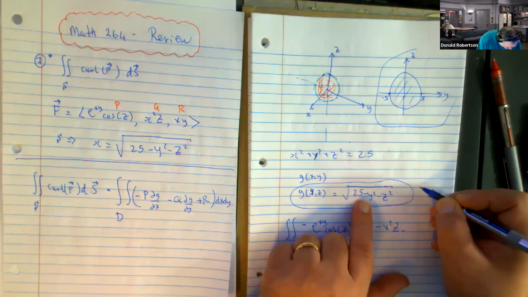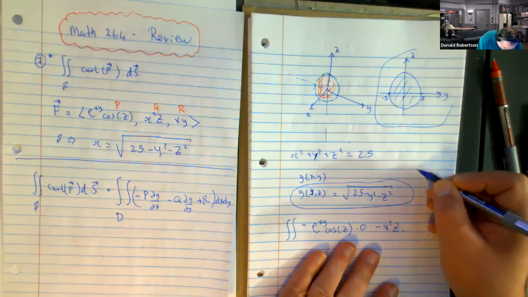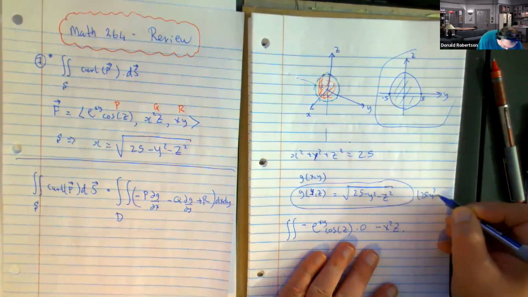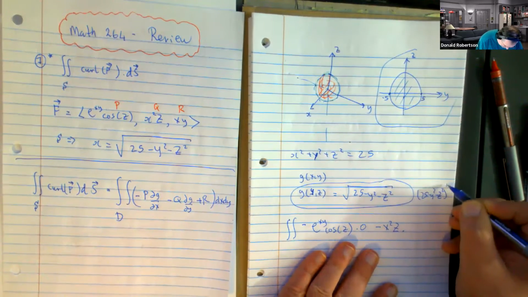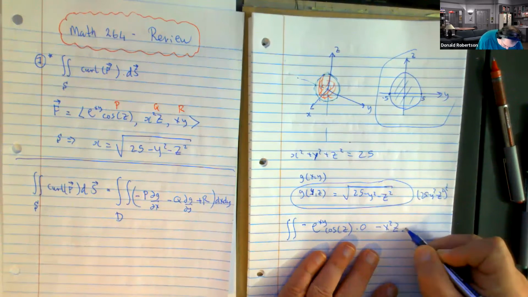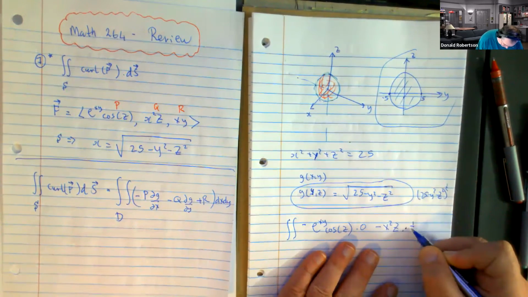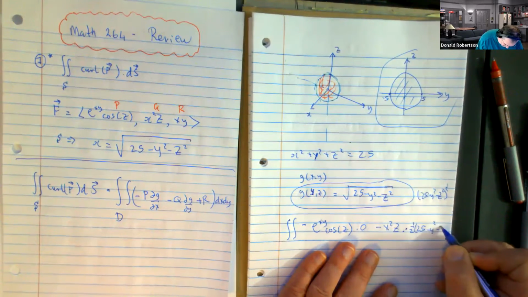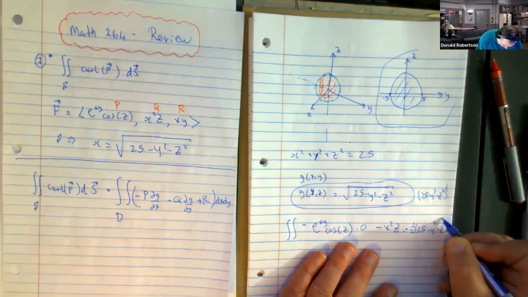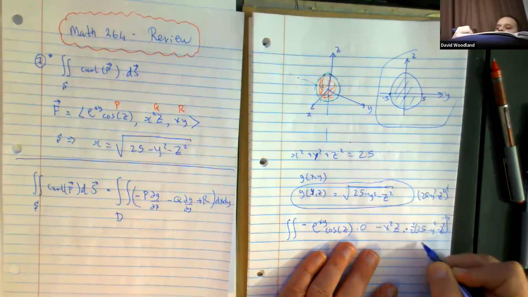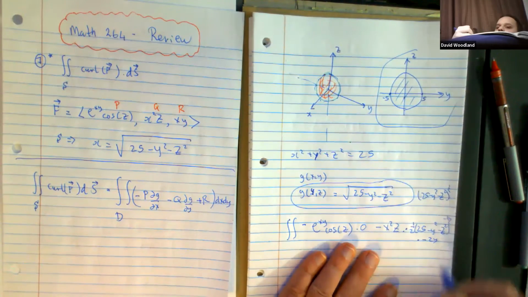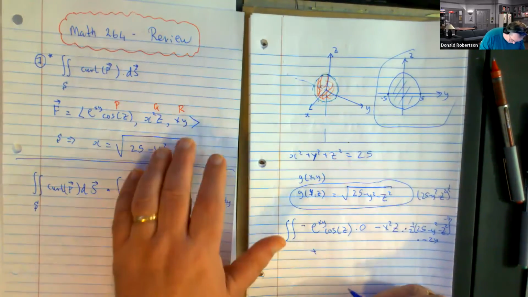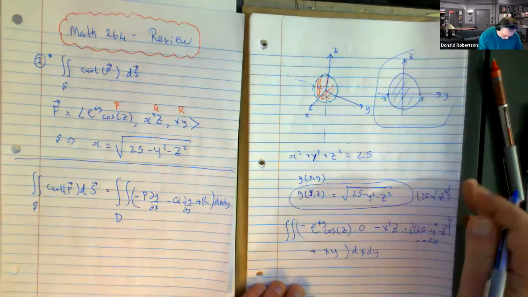This guy with respect to y is going to be a mess. So if you call it 25, take away y squared, take away z squared to the half, you will get times 1/2, 25, take away y squared, take away z squared to -1/2, times a -2y. And then you do a plus r, which is xy. And that is going to be, in terms of right now, x and y.